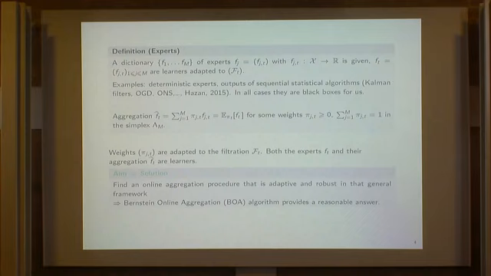Of course, in our construction it's also very important that the weights are adapted to this information, in the sense that in order to avoid overfitting, we need to weight these experts with information from the past only.